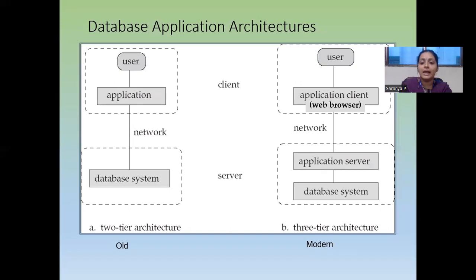The user accesses the server through the application client, and then the server contacts the database center and gives the response to the user. This is called three-tier architecture. In that, the overall burden on the database is reduced, because by introducing a third layer in between, the burden on the database server is reduced.